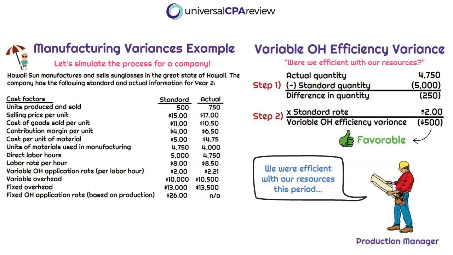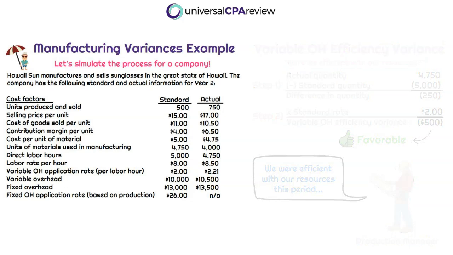So that's how we can interpret the variable overhead efficiency variance. So both types of variable overhead variances, the efficiency variance and the spending variance, those are difficult, I understand, but do your best to understand exactly what the goal was here.